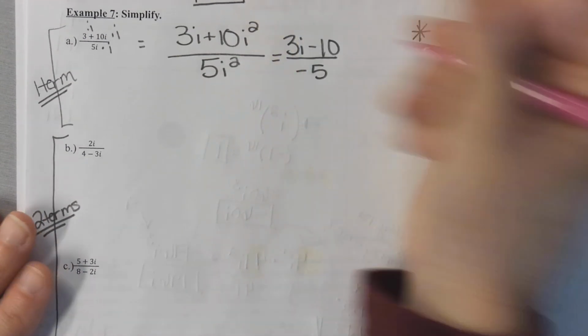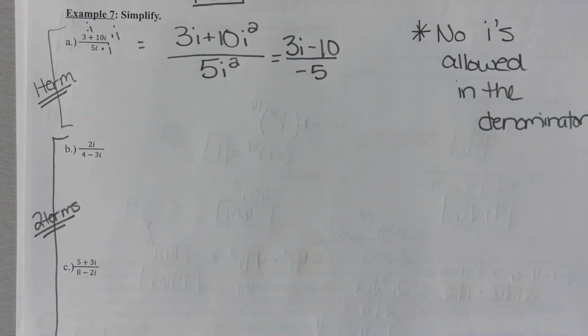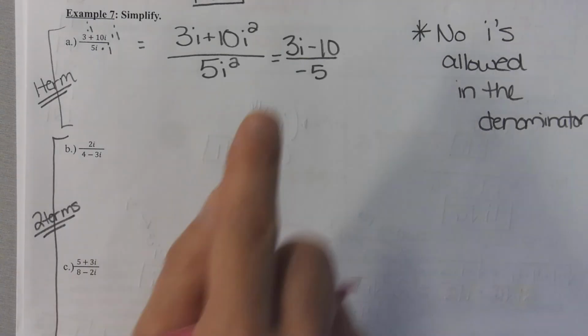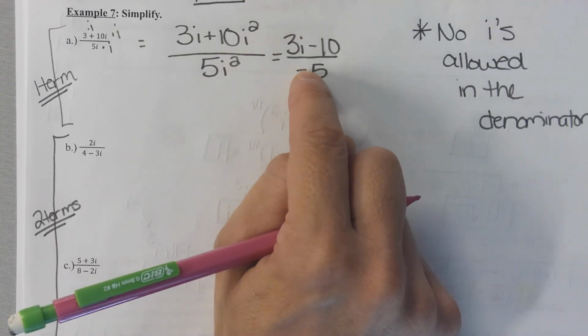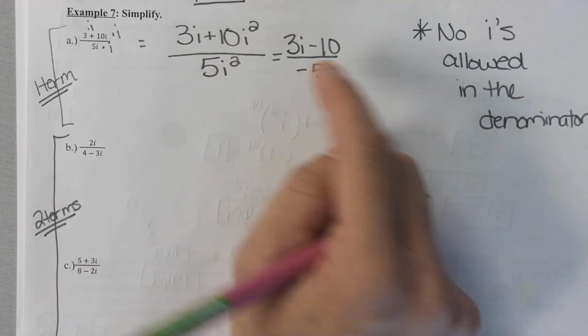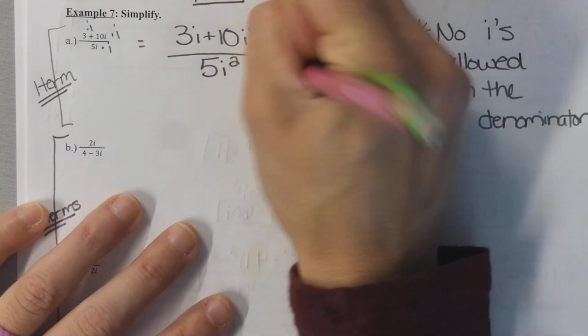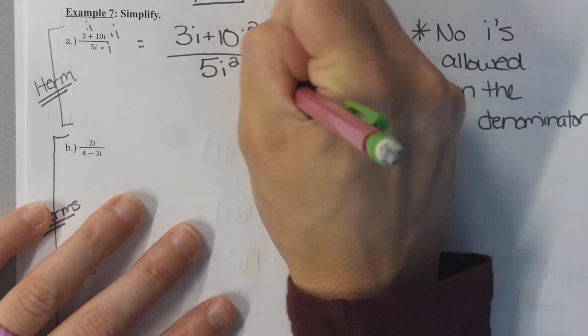Subtract 10. Now, you can leave your final answer like this. You could also mix around your signs, so I could make this negative, positive, positive, so that there were fewer negative signs, but this is a fine final answer. So you can box this in and call it a day.